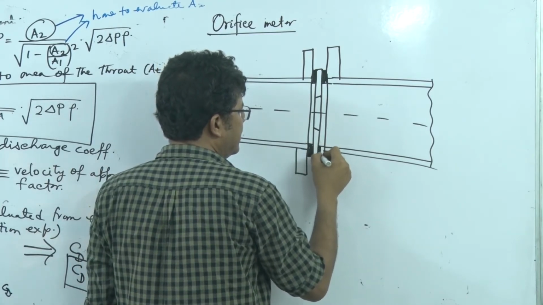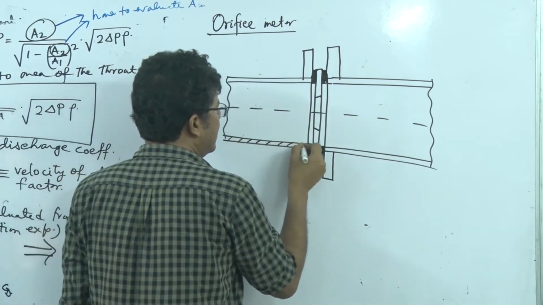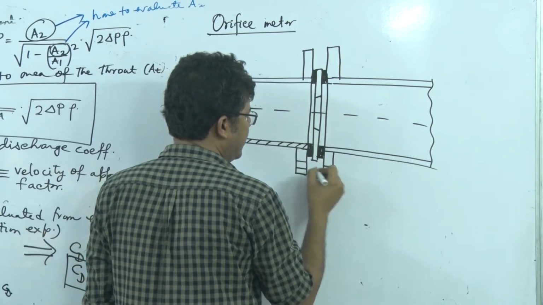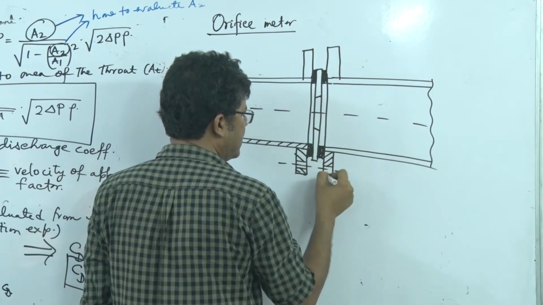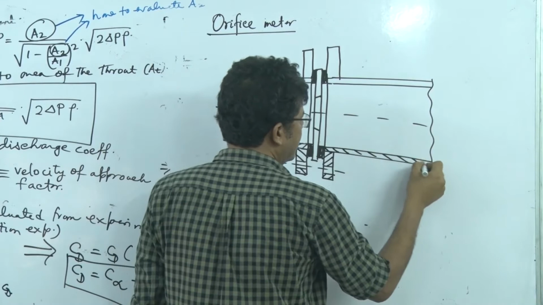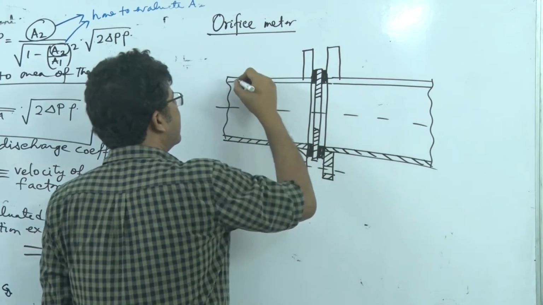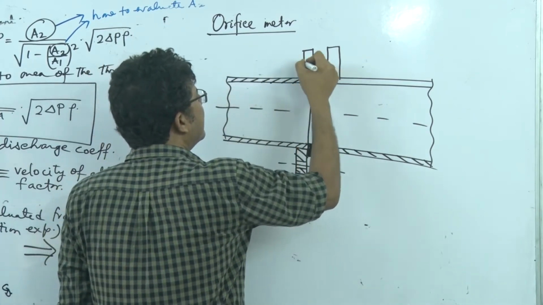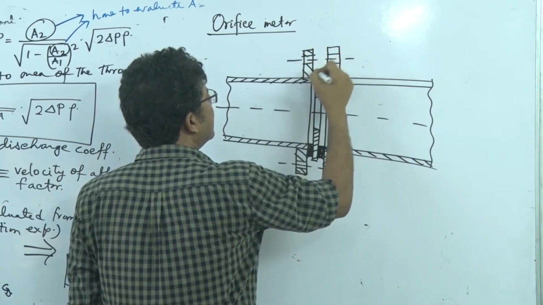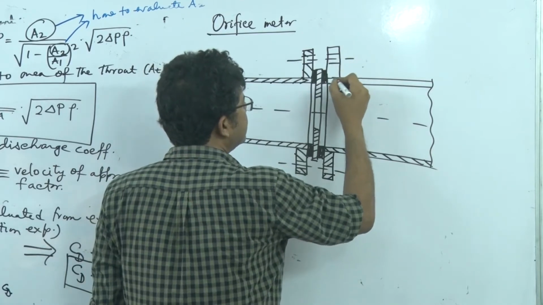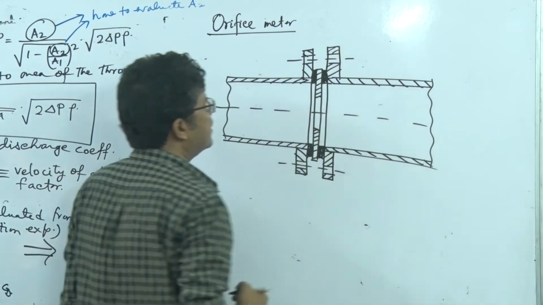So this is the basic design, and we have to bolt these two flanges, we have to connect them through bolt joint. Here also we have the bolt. Right.